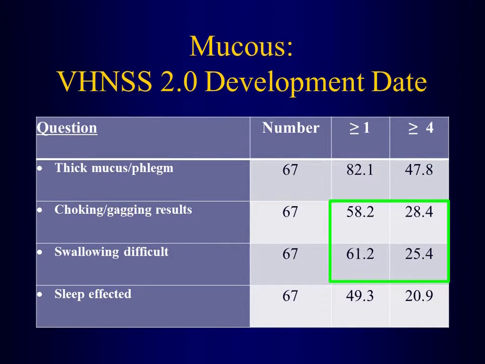It's moderate to severe in almost half of the patients. Choking and gagging, or thick phlegm causing difficulty with swallowing, occurs in a quarter of patients to a level that is considered moderate or severe.